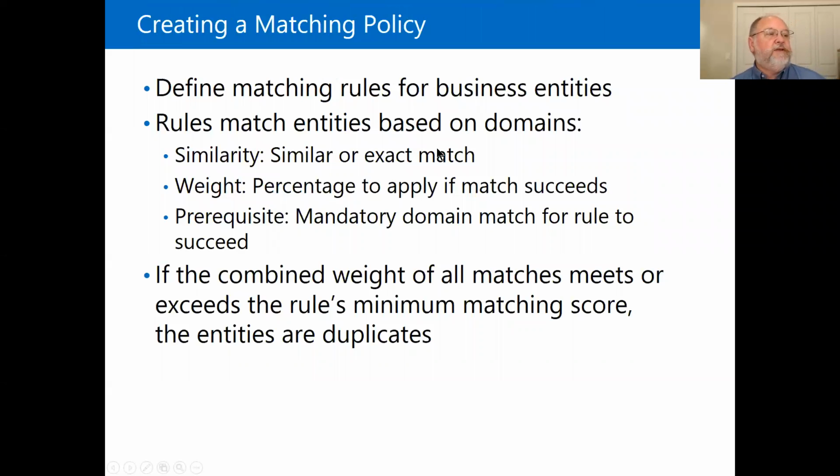So the first thing you need to do when you're creating a policy for matching is define rules that tell you what constitutes a match. Now, it's funny because if I gave you two lists of records and asked you to do it, it would be very easy as a human being to figure out which ones matched.